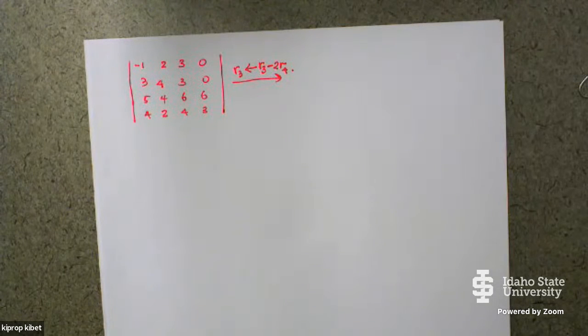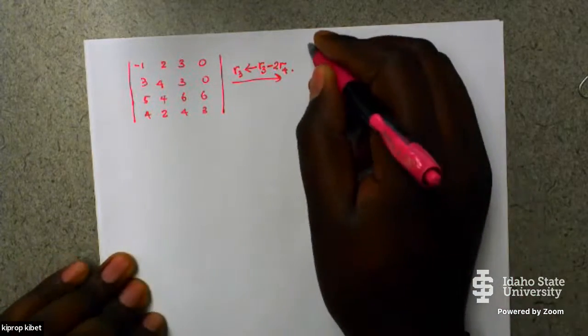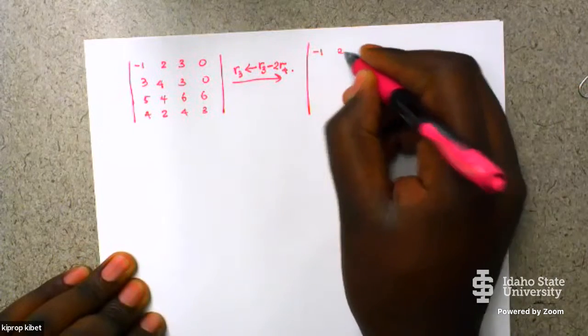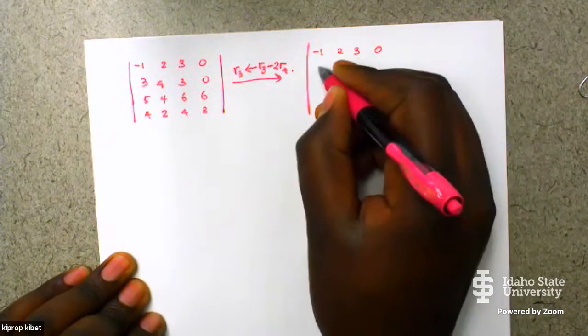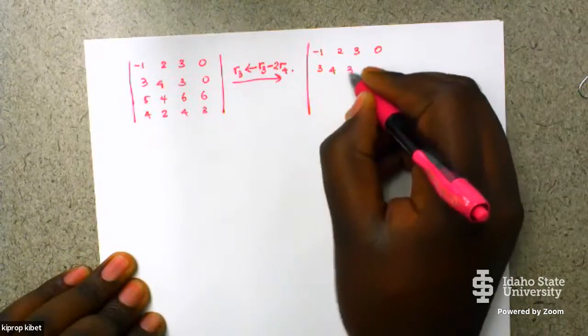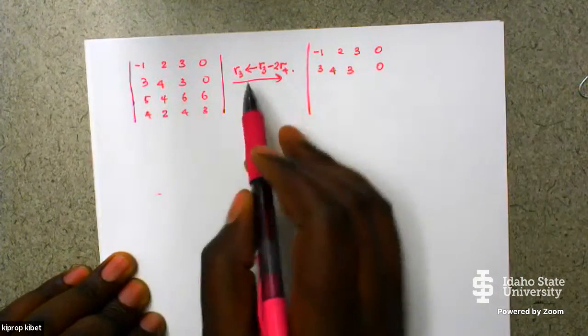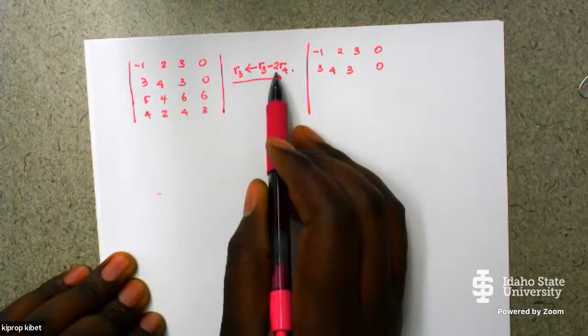You want to make this 6 here to be 0. So here now what you get is the determinant of -1, 2, 3, 0; 3, 4, 3, 0. Our new R3 here will be R3 minus 2 R1.